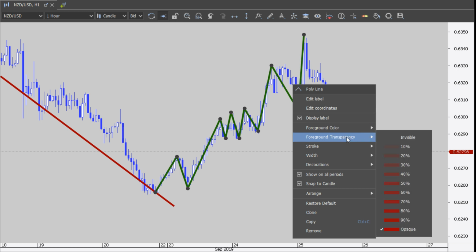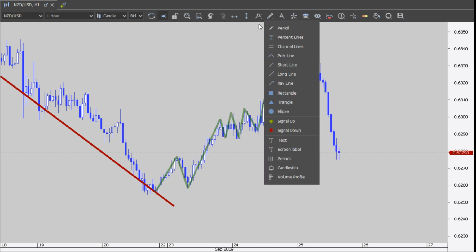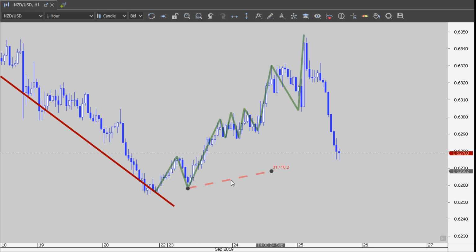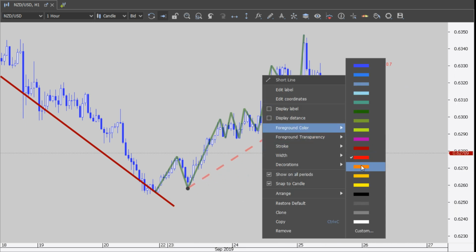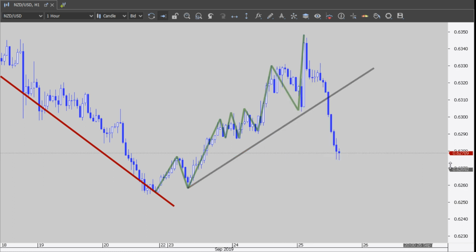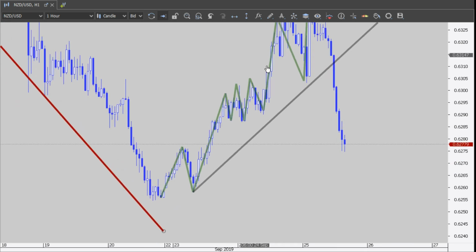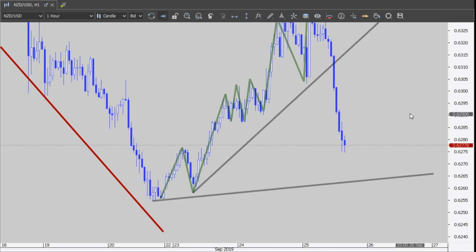But before we enter, and this was the uptrend. Let's color code this in black. Something like this, and let's move this one. So this is the uptrend line. We have another one down here, something like this.